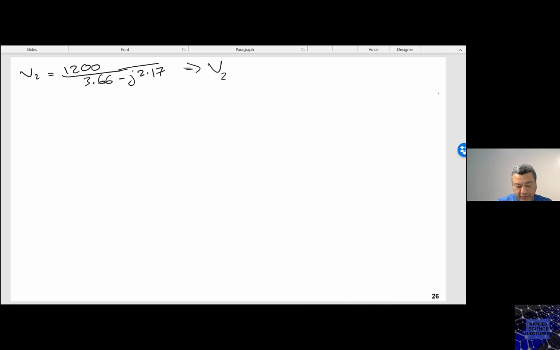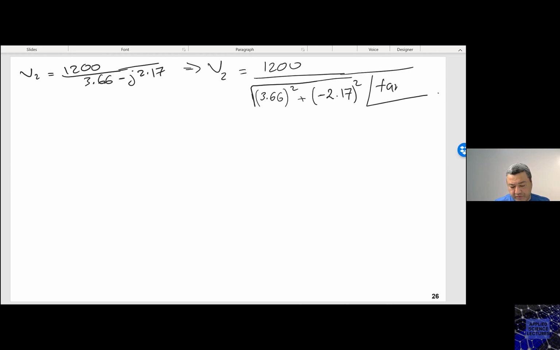Then again going to the polar, I have 1200 divided by the square root of 3.66 squared plus minus 2.17 squared, and tan inverse of minus 2.17 divided by 3.66.